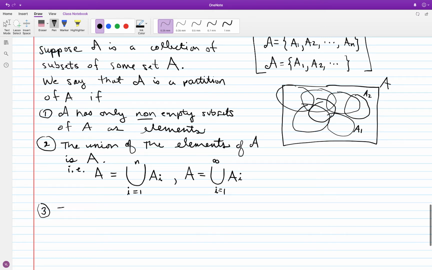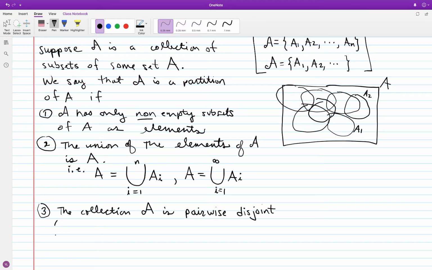And lastly, this is the one condition about partitions that my picture doesn't match at all. The collection is pairwise disjoint. That's my word for it, and then I'll just rephrase it slightly.